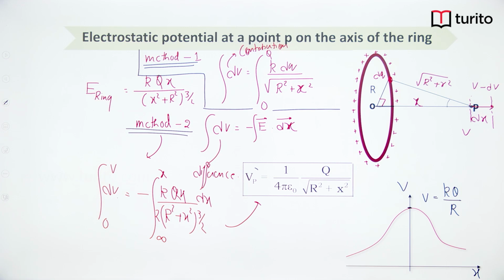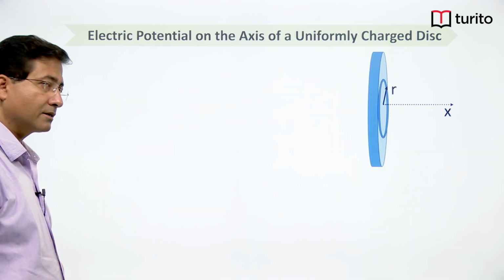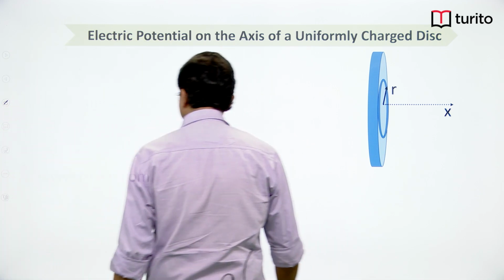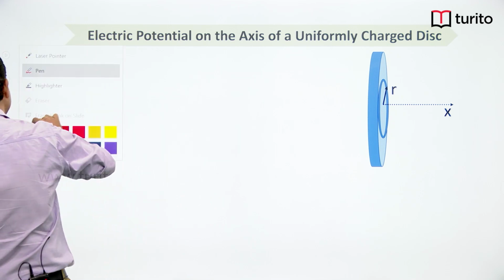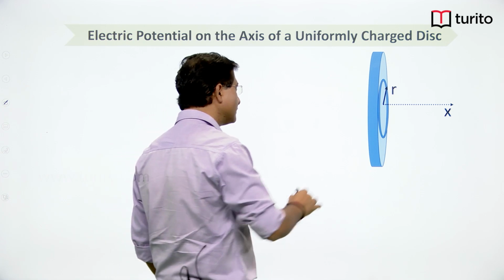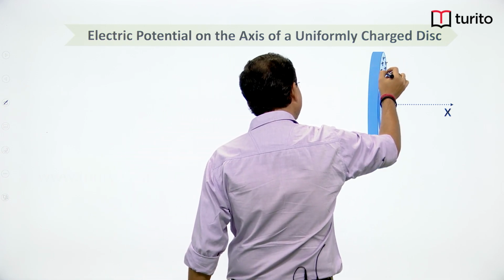Now, let us see another distribution. Disk. So, we have got a charged disk, where charge is distributed only on this face.